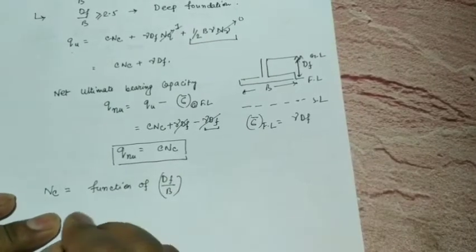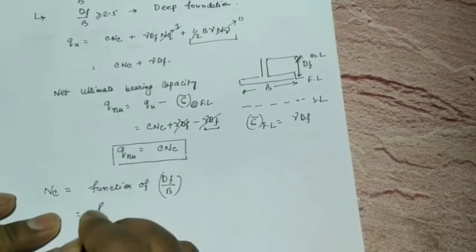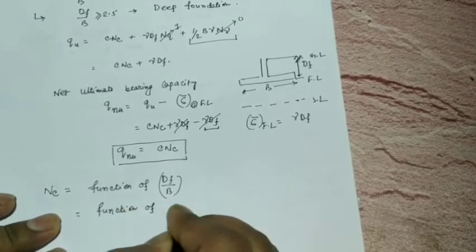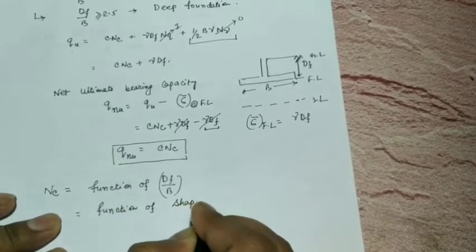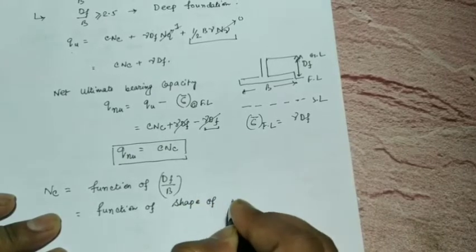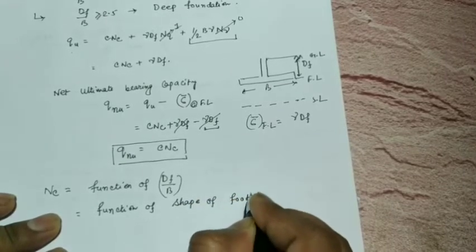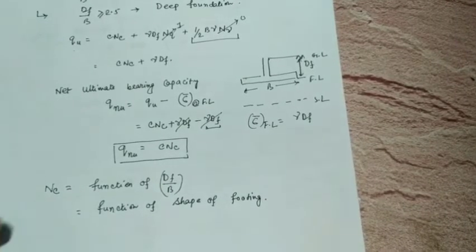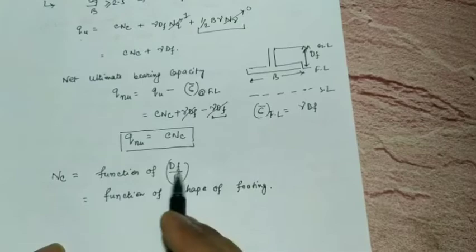So the Nc value will change according to the D by B ratio.